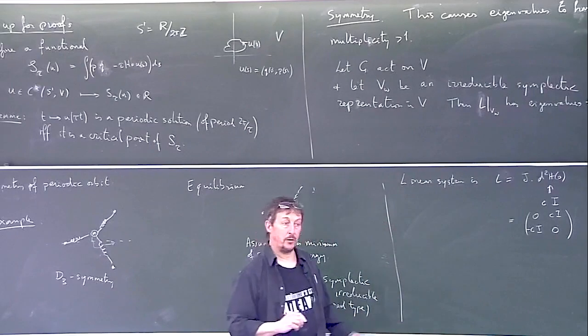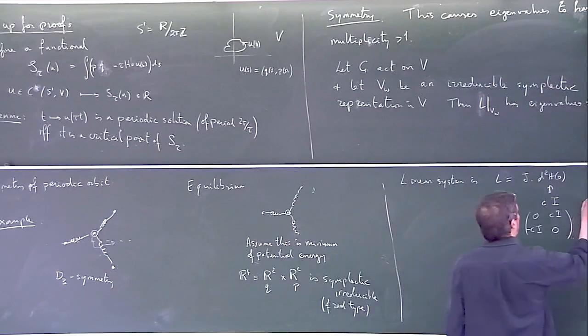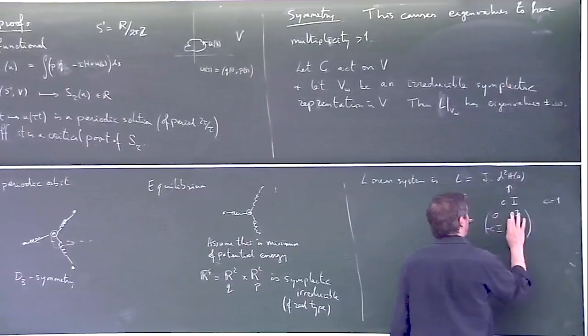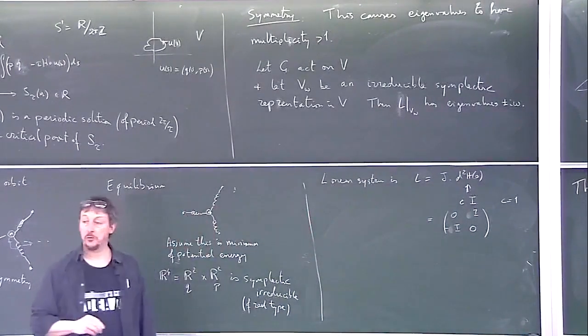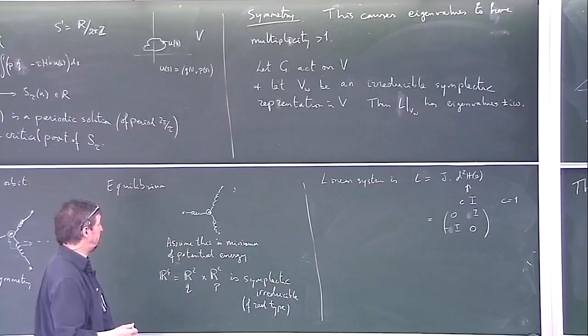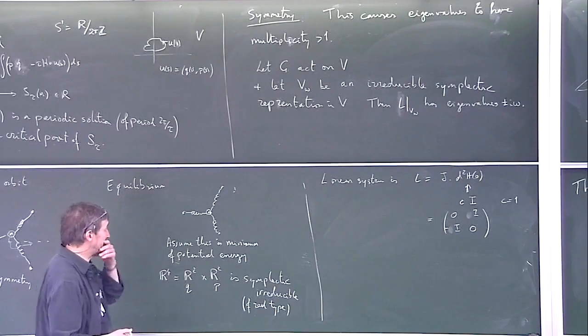Let me make my life easier by having c equals 1. So the period is 2 pi, the natural period of the linear system.